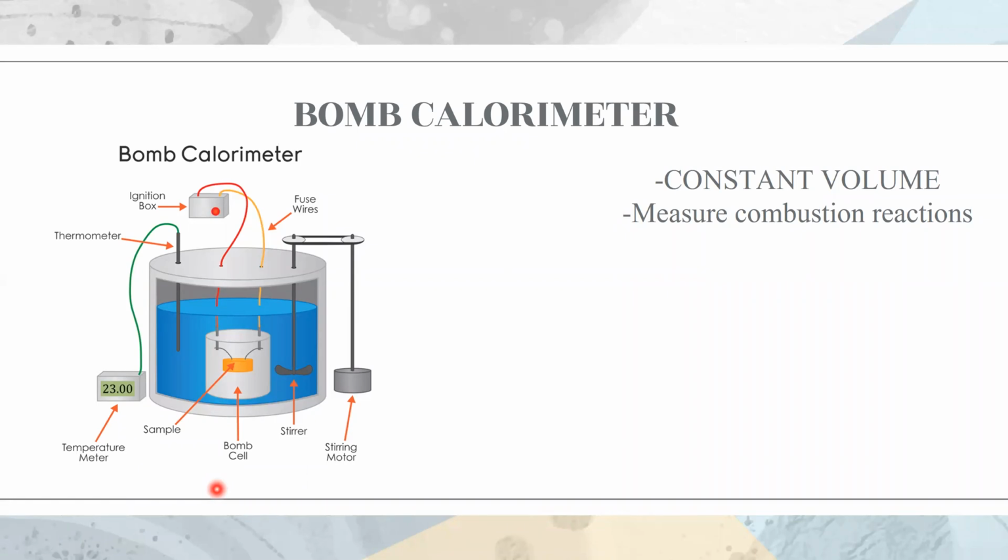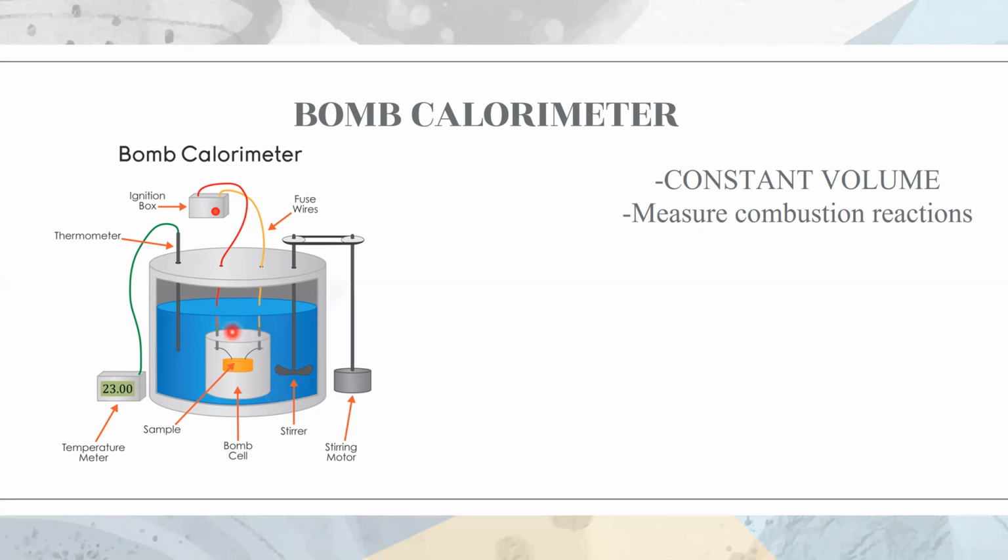For this bomb calorimeter, we normally use it to measure combustion reactions. And just as we were saying, we call it a bomb because we just need a stainless steel container, which is here recognized as a bomb cell.